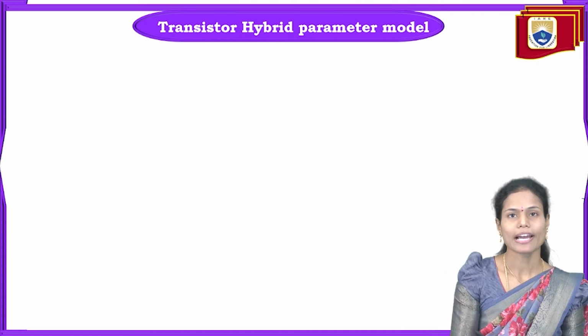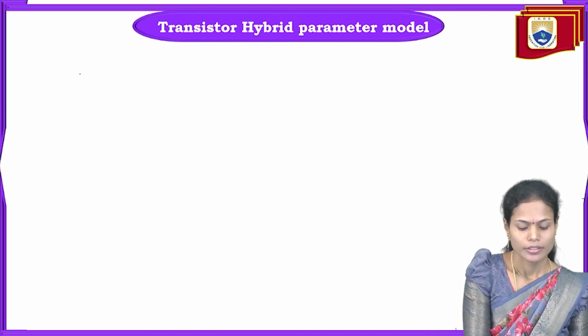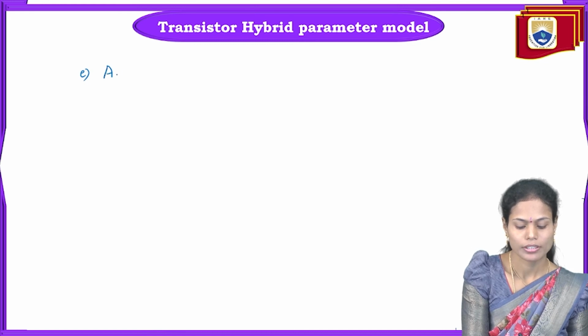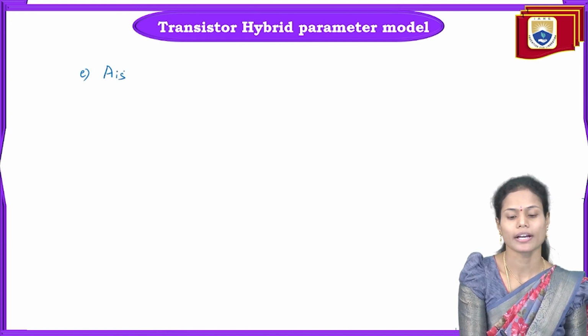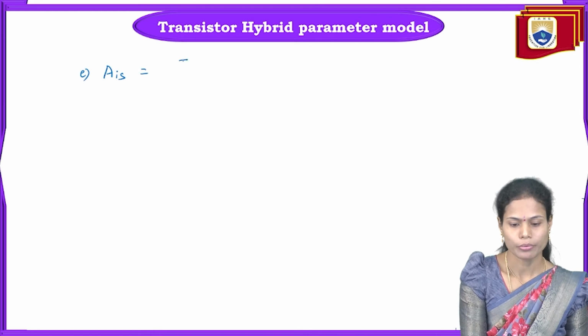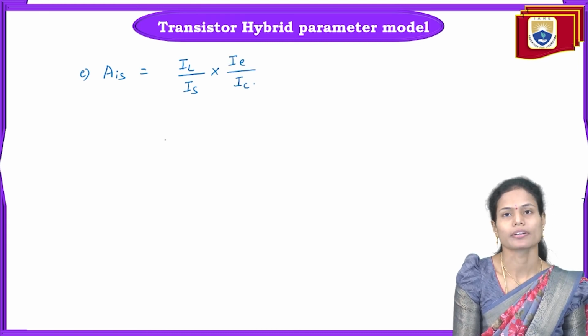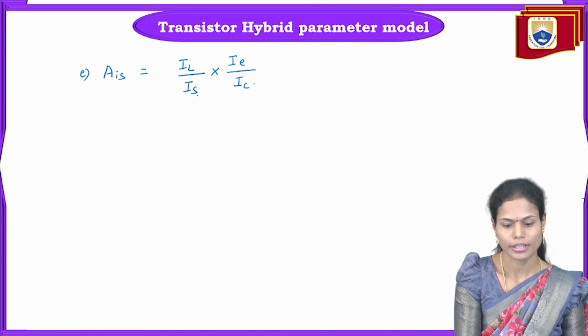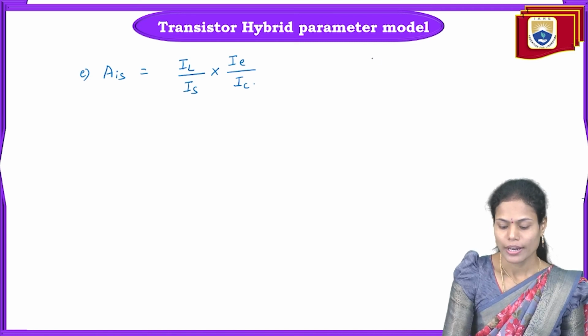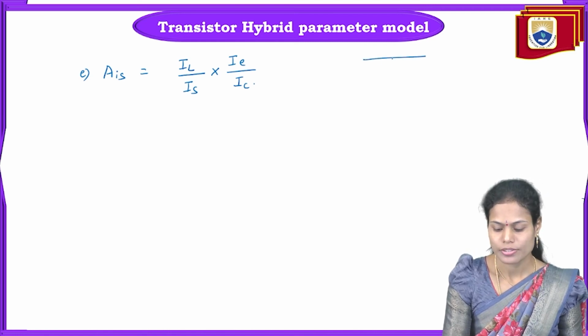And next we need to calculate the current gain with source resistance. Ais is equal to load current by source current into emitter current by collector current. So this load current by source current is nothing but the current gain here. But to calculate the Ie by Ic value, I am taking the resistances in the circuit.